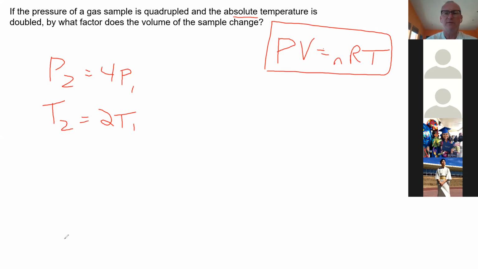So what's the relationship between pressure and volume? Because it's asking, what's volume 2 in relationship to volume 1? How does volume 2 change? So what's my relationship between pressure and volume here?